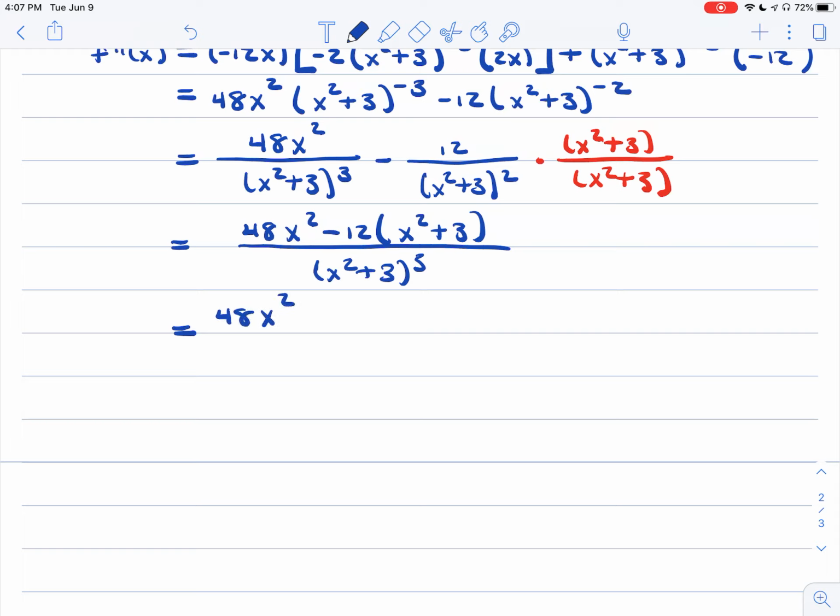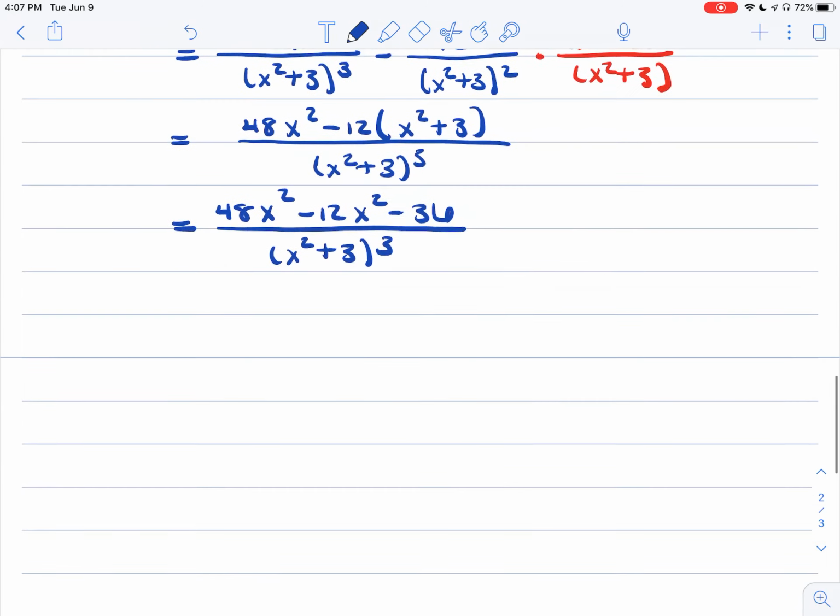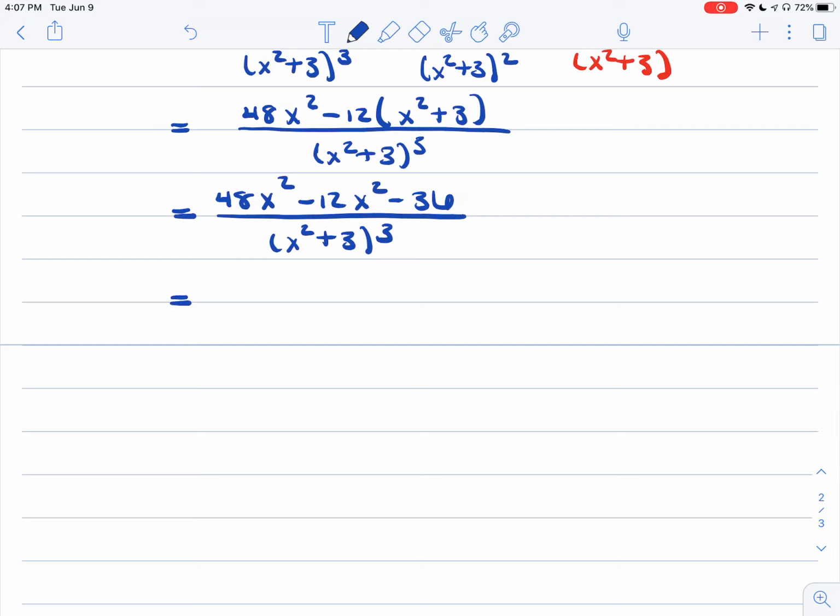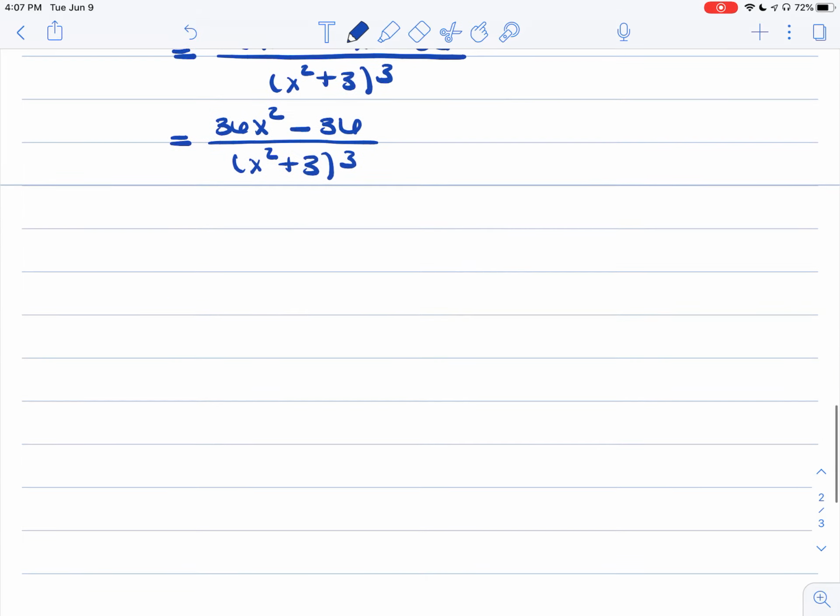So we'd have 48x squared minus 12x squared minus 36 all over x squared plus 3 quantity cubed. Combining like terms, 36x squared minus 36 all over x squared plus 3 quantity cubed.